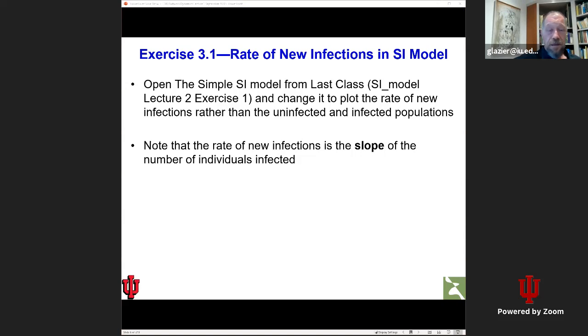And I did not have time. While people are working, I'll set up a poll asking people if they're done or need more time on the exercise. I don't think I have the polling available. Not sure why not. Oh, there it is. All right, I do have it. Okay, great. All right, so does everybody have this? Is everybody able to find that old model? I guess I can try my poll. Somebody said yes. Okay, good.